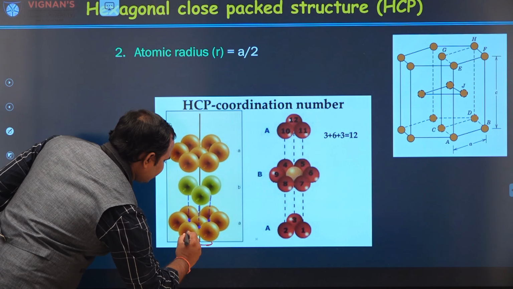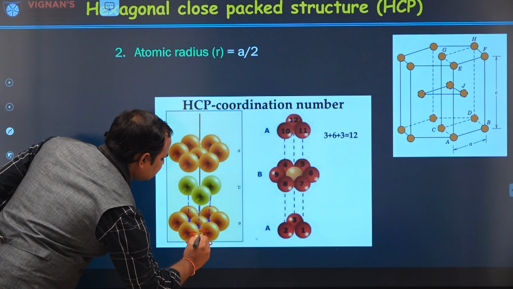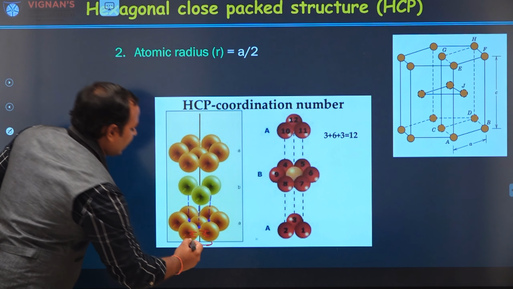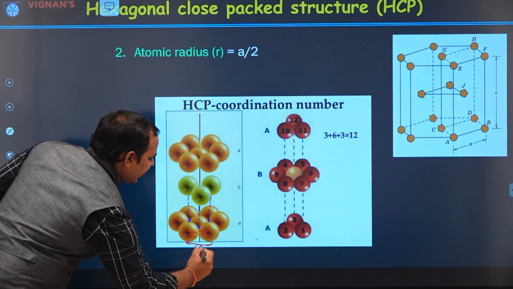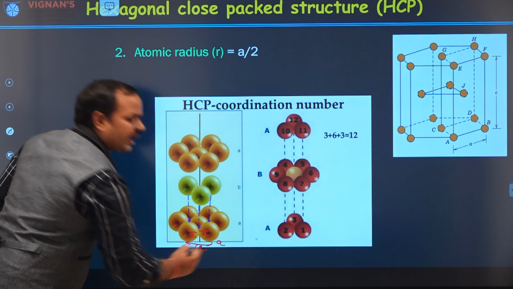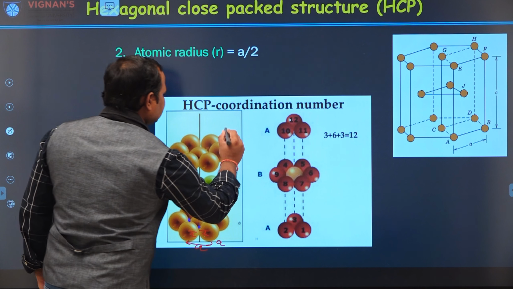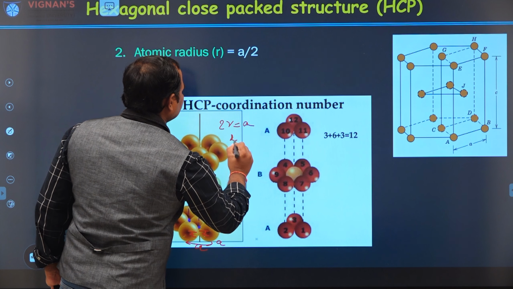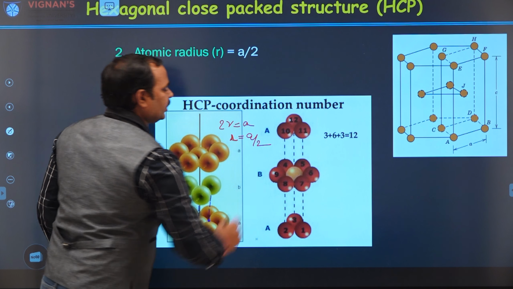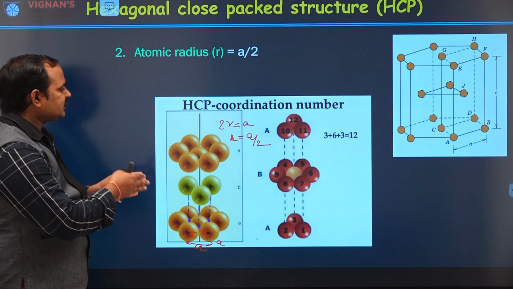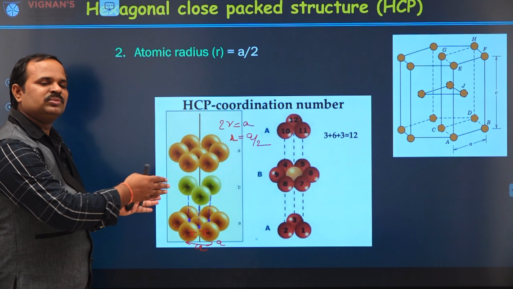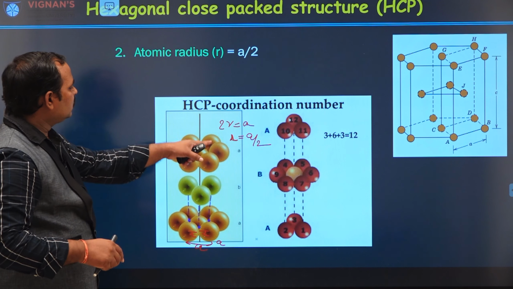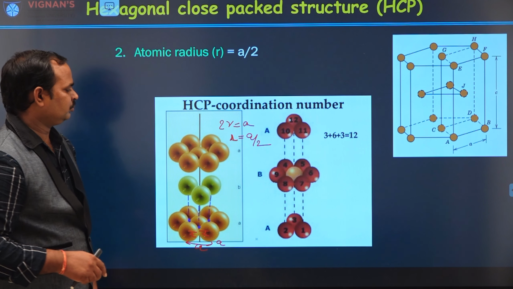If the radius of this atom is r and the radius of this atom is r, then the distance between the two atoms is 2r, and this is also the lattice parameter a. So we can write 2r equals a, then r is equal to a by 2. So we are representing the atomic radius in terms of the lattice parameter of the unit cell.